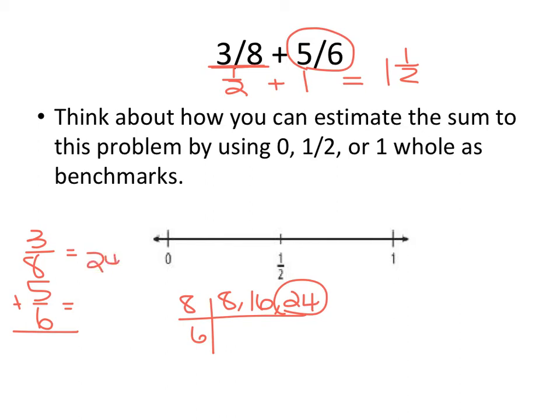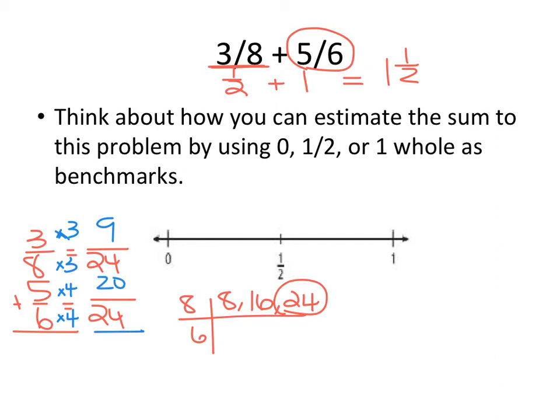So I can write my new fractions with a denominator of 24. 8 times 3 gave us 24, so I'll multiply the numerator by 3, and that gives us 9. 6 times 4 is 24, so I'll multiply the numerator by 4, and that gives us 20.